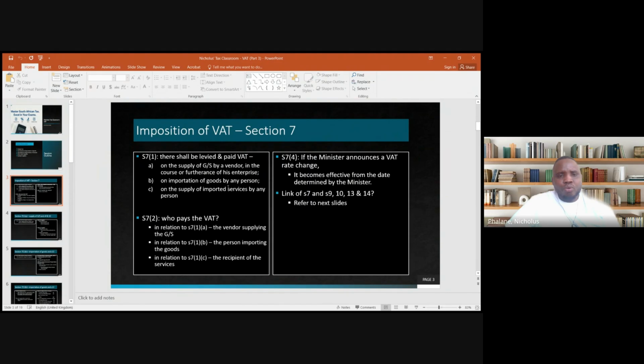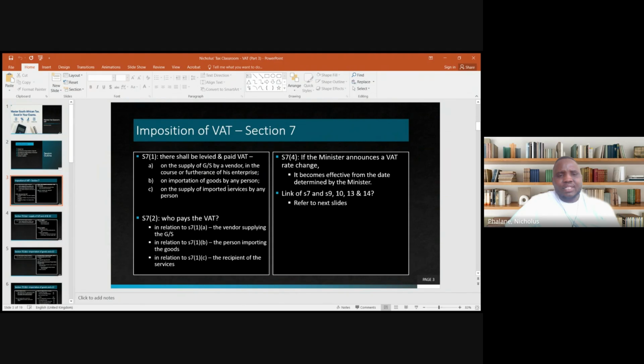No one is going to collect on behalf of SARS and pay over to SARS, like when there's a supply of goods or services, where the seller will levy and pay that tax to SARS. In this case, you as the importer will have to pay that tax over to SARS. Normally it would be at the commercial port. When the goods arrive there, they would say this is the VAT, and you pay it right there and then.